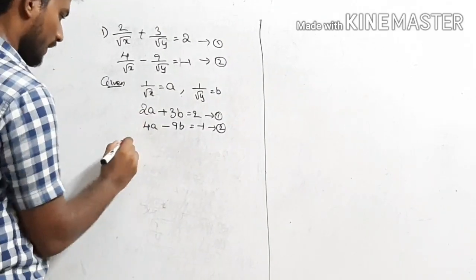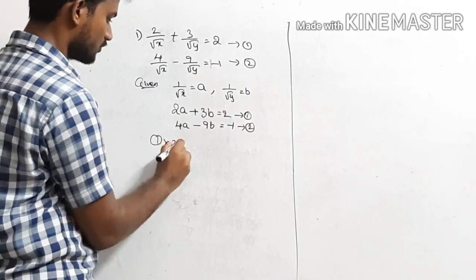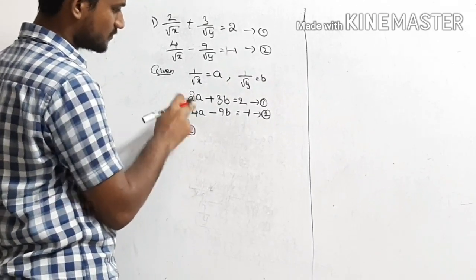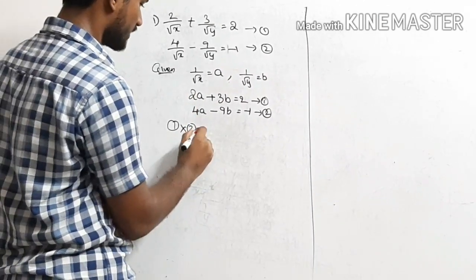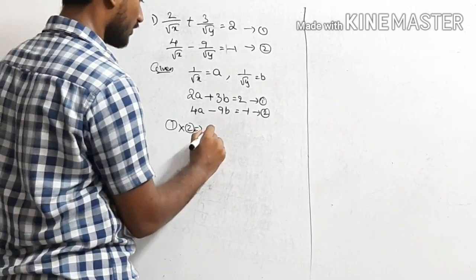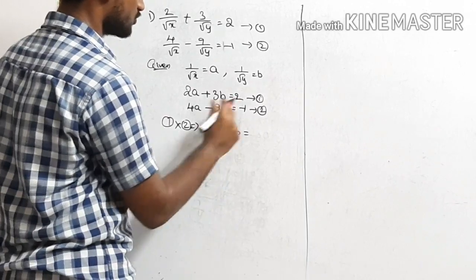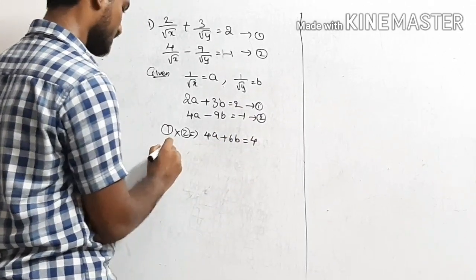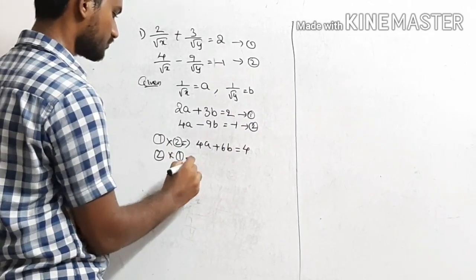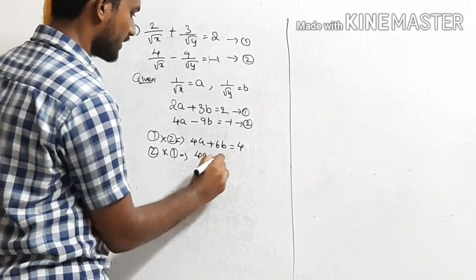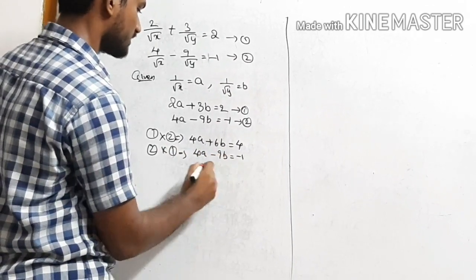From this, multiply the first equation by 2, so that the 4a terms become the same. First equation into 2: 4a plus 6b equals 4. Second equation into 1: 4a minus 9b equals minus 1.